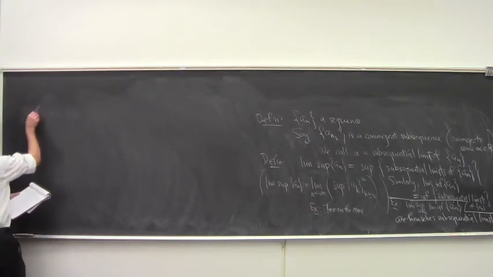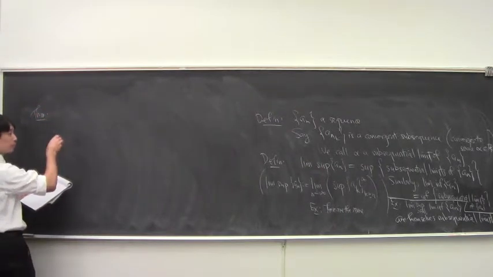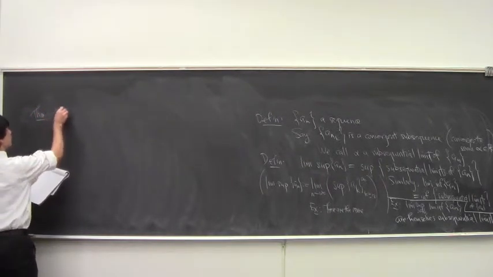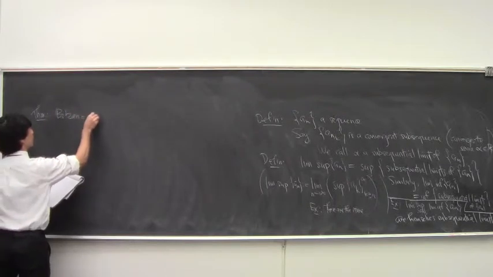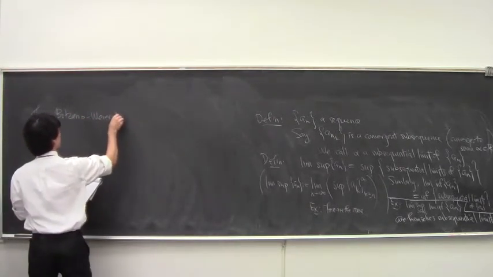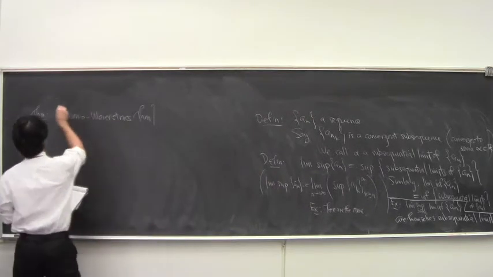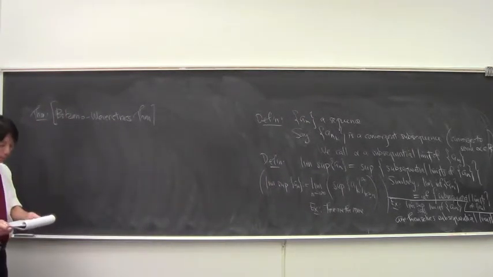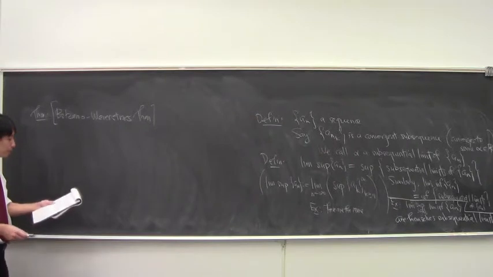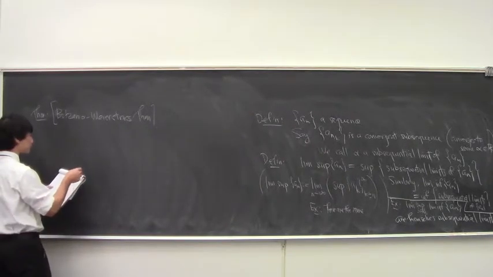Okay, so the next important idea is the Bolzano-Weierstrass theorem for sequences. And this is usually how people think of the Bolzano-Weierstrass theorem.